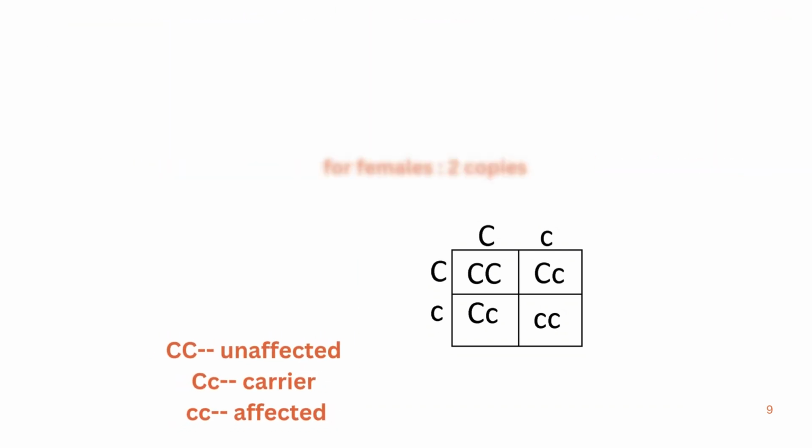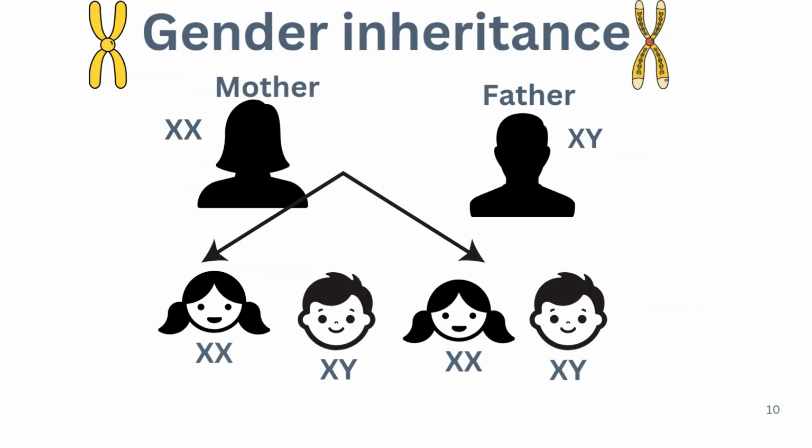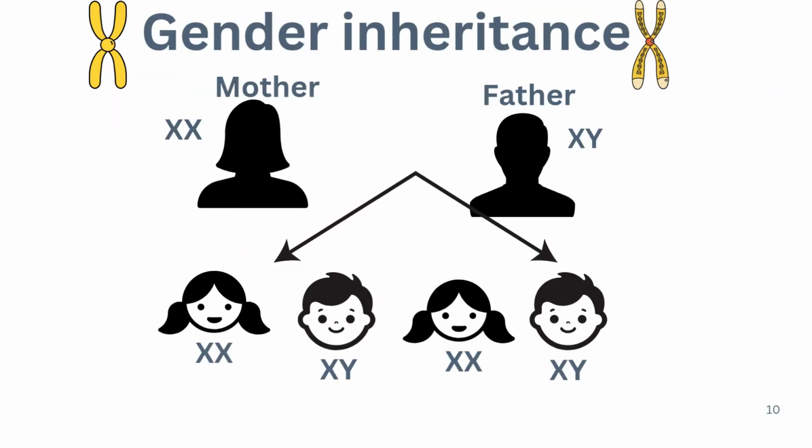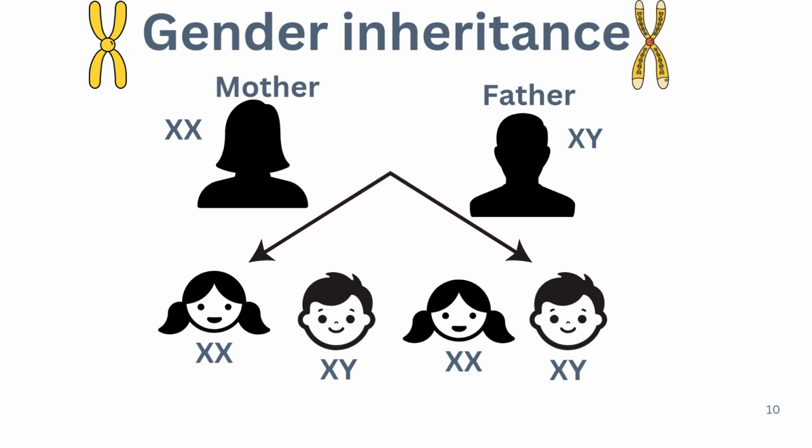Now, let's talk about gender inheritance. In a female and a male, we all have 46 chromosomes, 22 pairs of autosomes, and one pair of sex chromosomes. Our sex chromosomes determine the sex of our children.